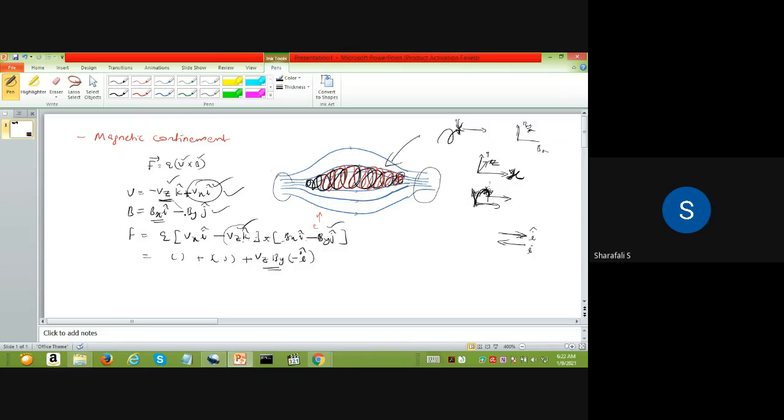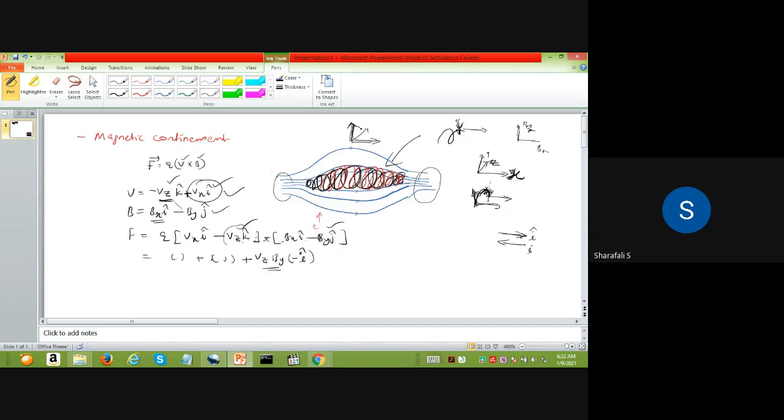Minus By j cap means it is reducing that magnetic field. We are not considering the perpendicular components here, so these two are perpendicular.